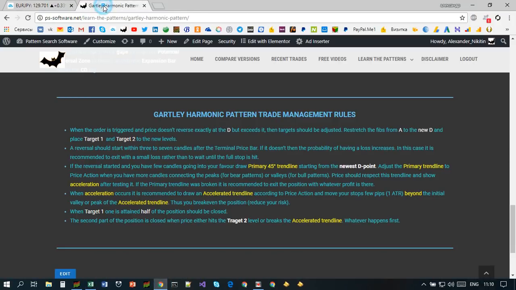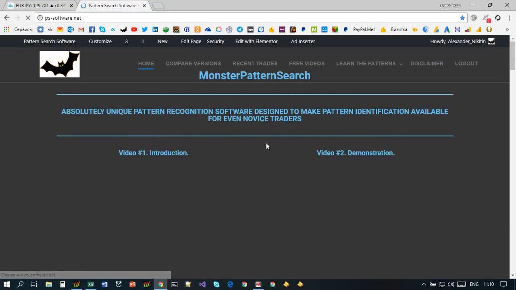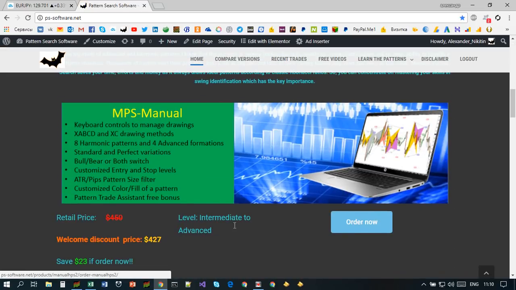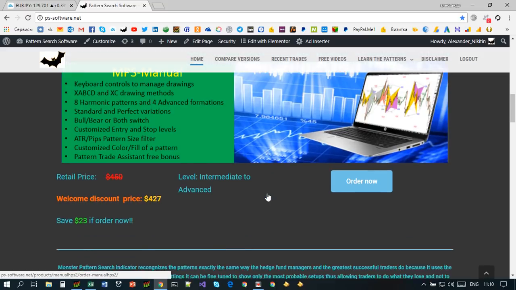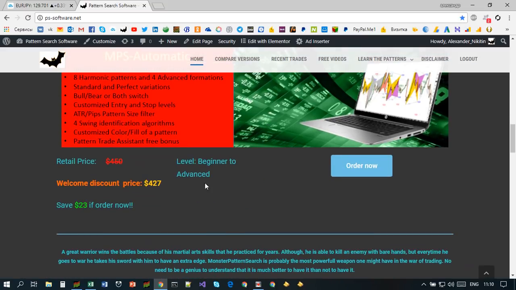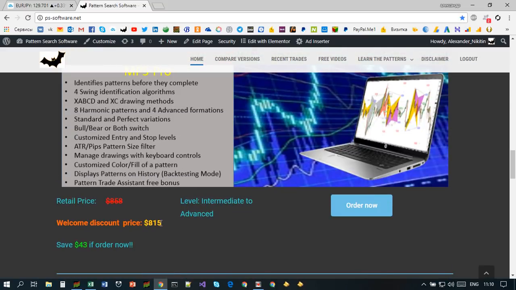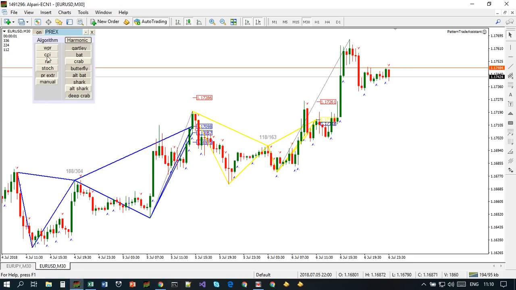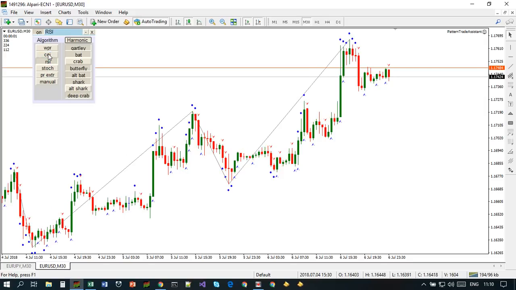You would already have a return on investment if you had bought the software, because the price of this software is much less. It is $427 for automatic and manual, and it is $815 for professional. I'm using a professional variation, of course, so all these patterns are available for me.